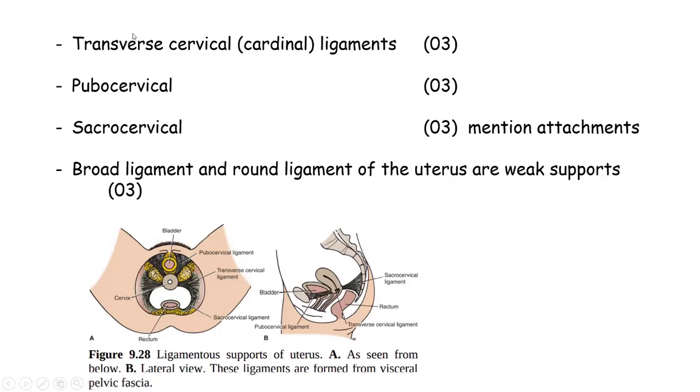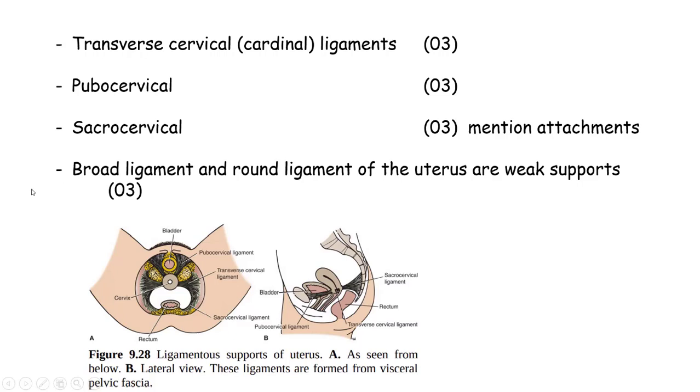So when you are talking about transverse cervical, always mention the other term, cardinal ligament, because it is a commonly used term, right? And it also provides fairly strong support, right?